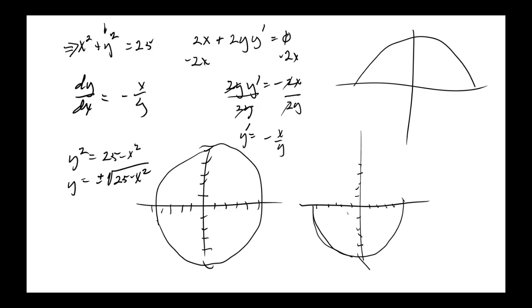This is basically your implicit solution, because that's a relation. And this would be an explicit.